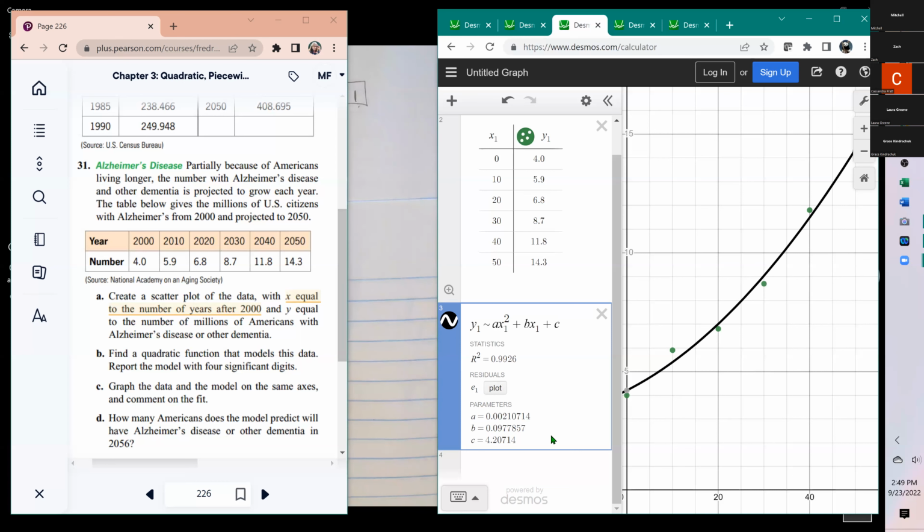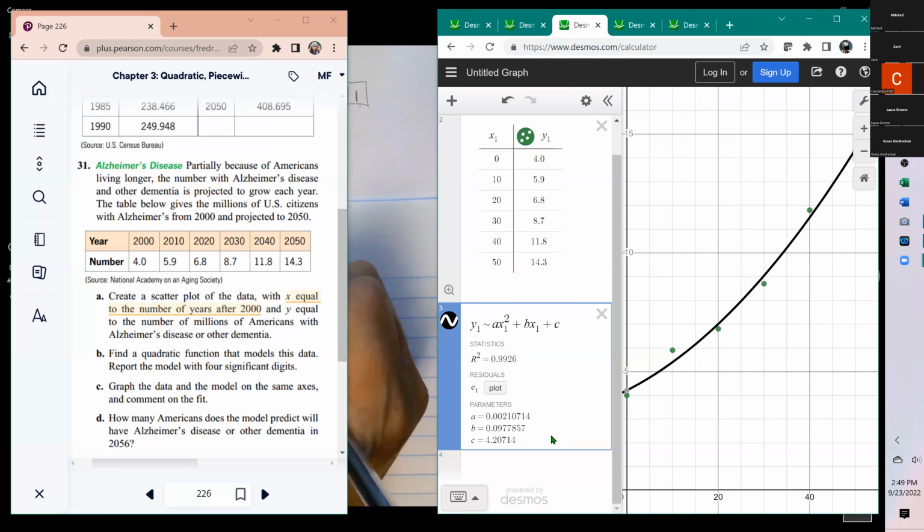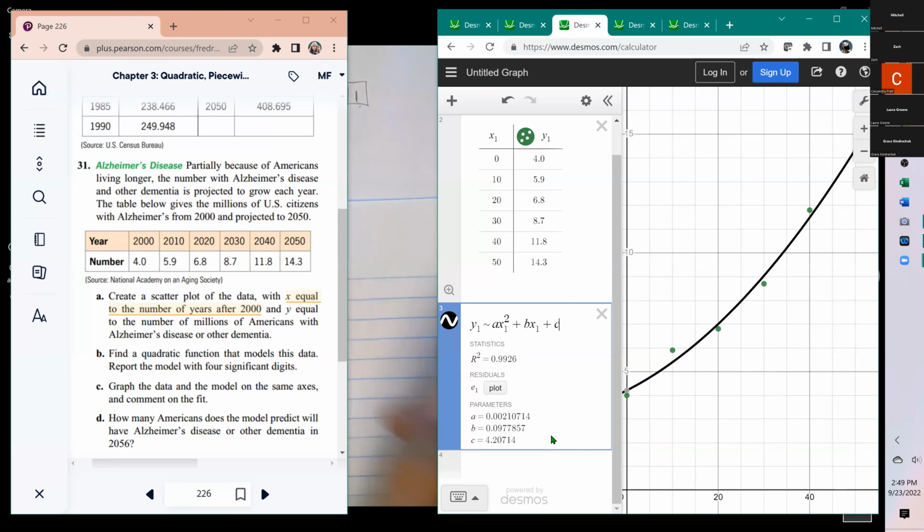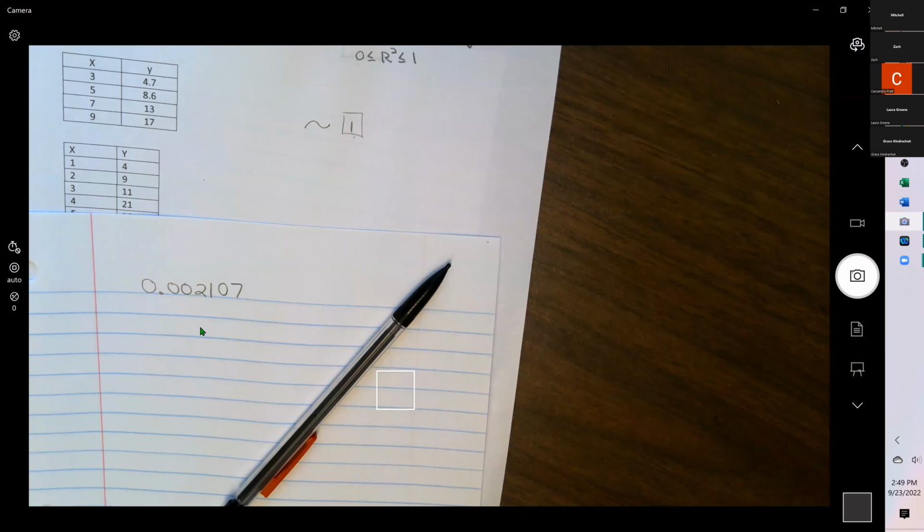I don't know my significant digits. I didn't notice it said that.